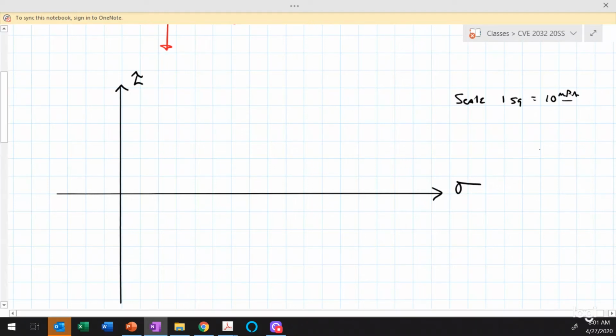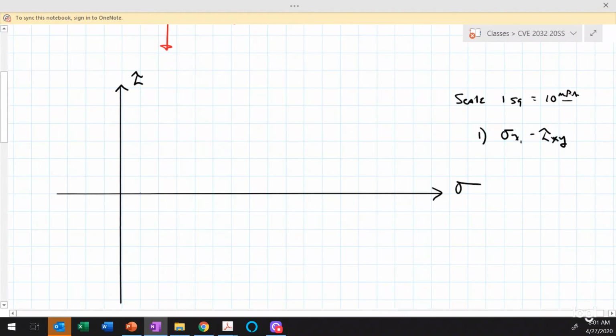So step number 1 is going to be to plot sigma x comma minus tau xy. That's either the first step or the second step, depending on which version you look at. In other versions, step 1 is to draw the axes. So sigma x is equal to 30 megapascals, and tau xy is equal to minus 36.